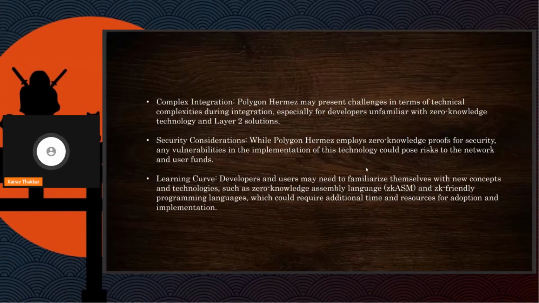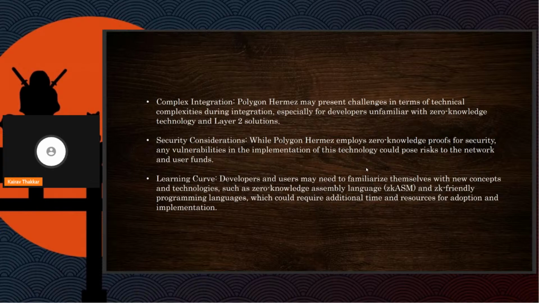Now, these are some disadvantages of Polygon Hermez. It might present some challenges in terms of technical complexities during integration. Polygon Hermez employs zero-knowledge proofs for security, and some vulnerabilities in the implementation of the technology could pose risk to the network and user funds.